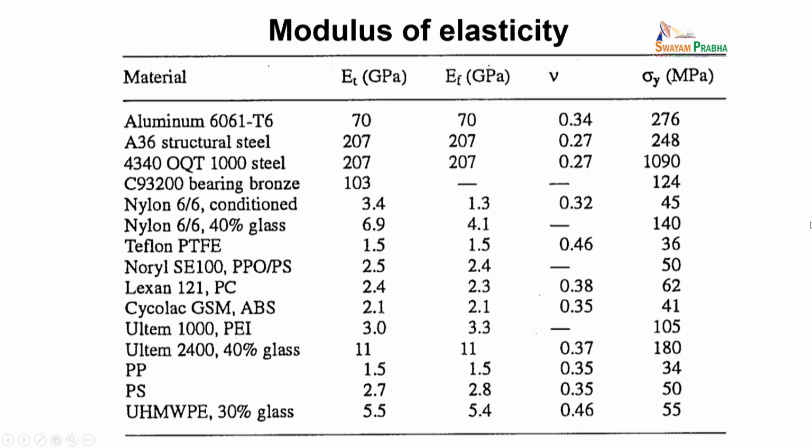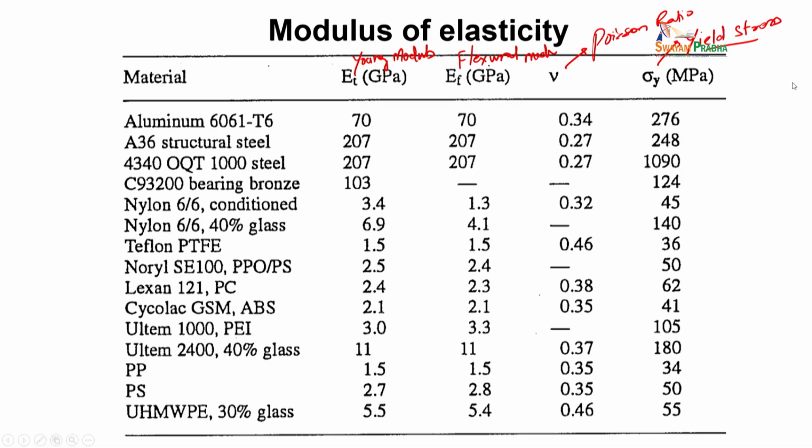So, here is an example of various materials and the corresponding Young modulus, and this is the flexural modulus, and this is Poisson ratio, and this is called the yield stress. So, this is the stress up to which the material is elastic and above which it is going to undergo plastic deformation.